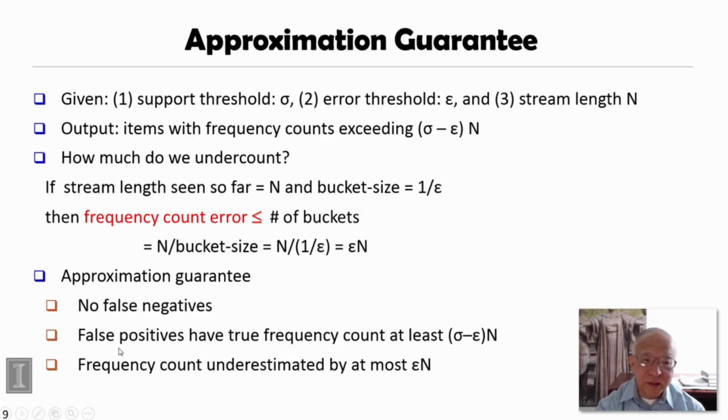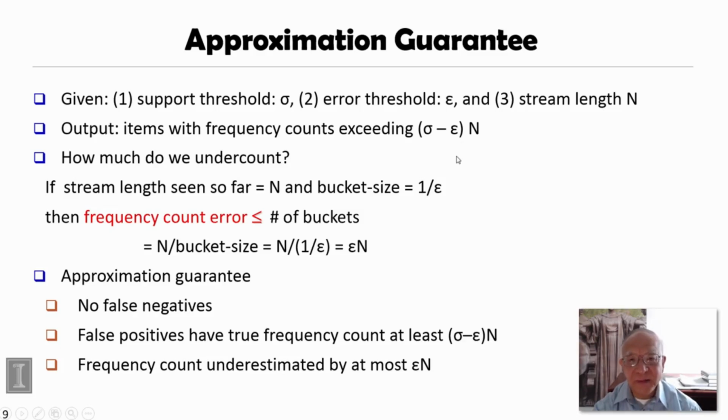But there could be false positives. Where the false positive comes from is probably that sometimes items come later. Suppose you have one color, orange, and it comes at a very late stage. The previous decrement by 1 did not touch them. Now suppose their support is sigma minus epsilon times n. You output this, saying this one could be a frequent item.